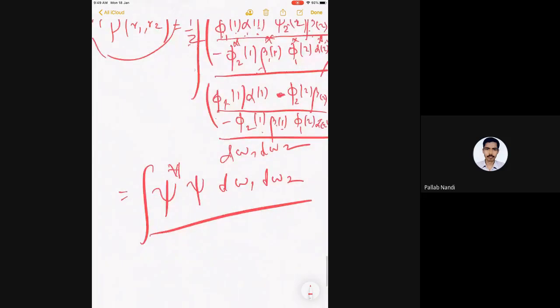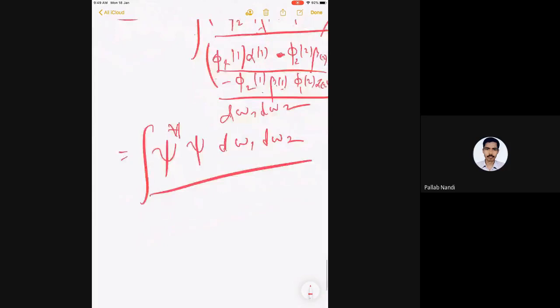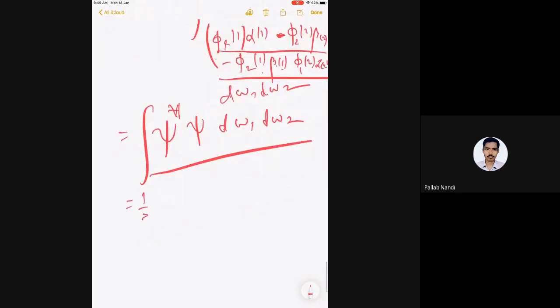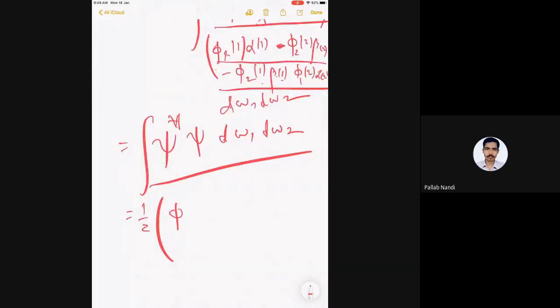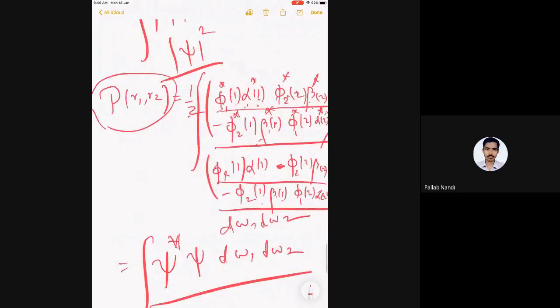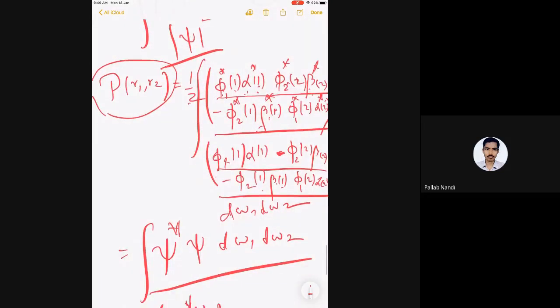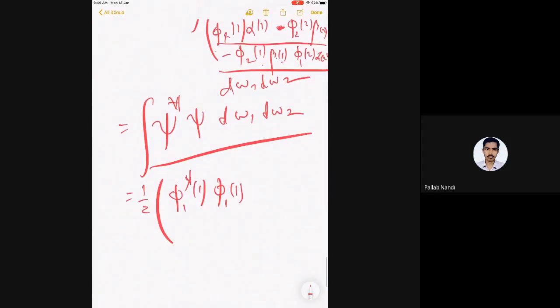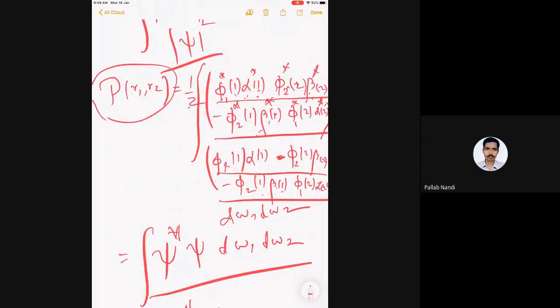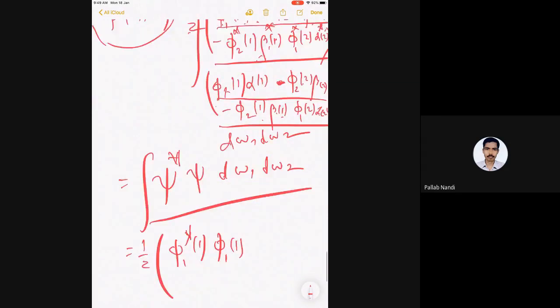So if I now write this, what remains is the following. Half of what remains is phi 1 star 1, phi 1 1, phi 2 star 2, phi 2 2. So what remains is the phi 1 star 1 for the first term. So I'm writing the first term with the first term. So it is electron 1 in this spin orbital 1, orbital 1. Phi 2 star 2, phi 2 2.